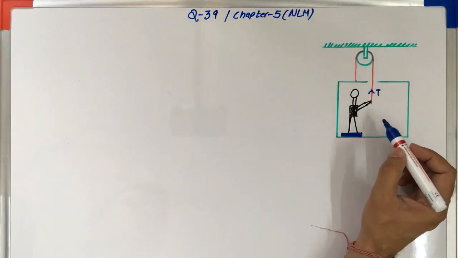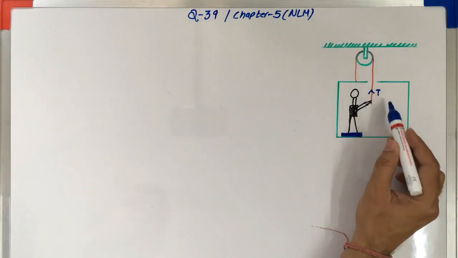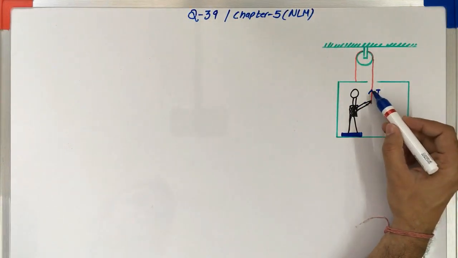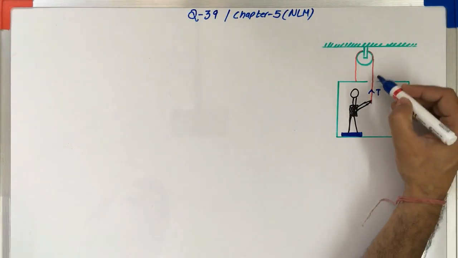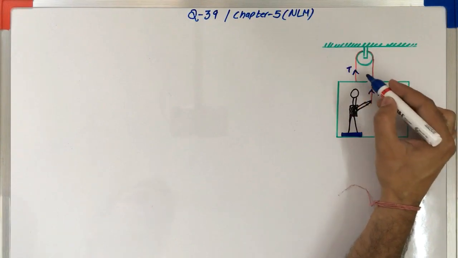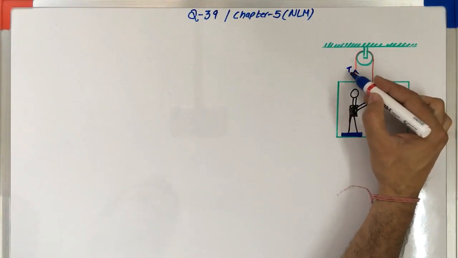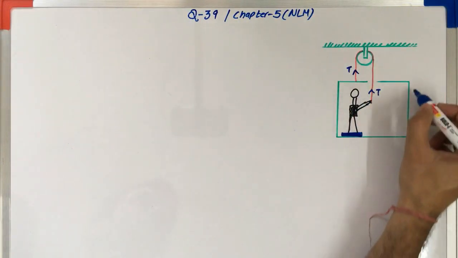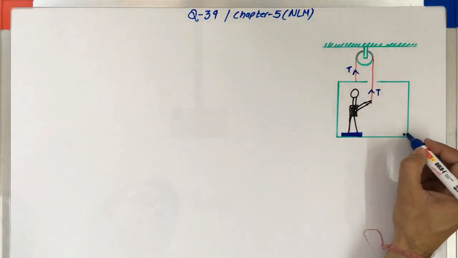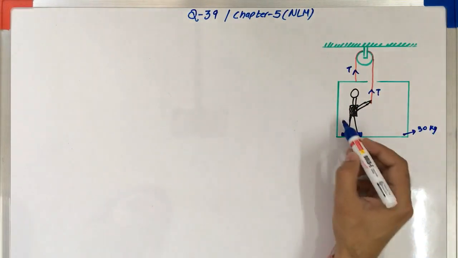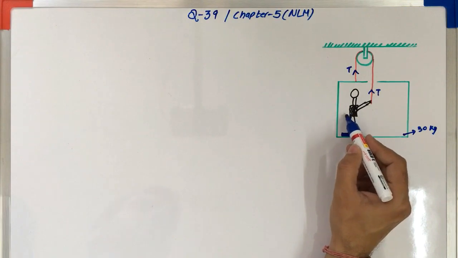First of all we will try to simplify this scenario. Here the tension T will be applied by the man on the string. This rope is the same, so the tension applied on this particular part of the rope is also T. The mass of this box is 30 kg and the mass of the man is 60 kg.